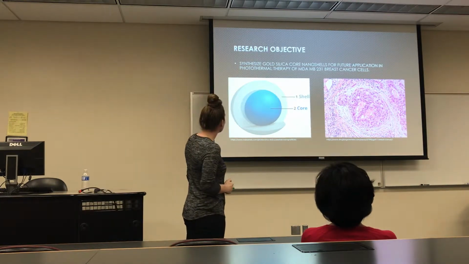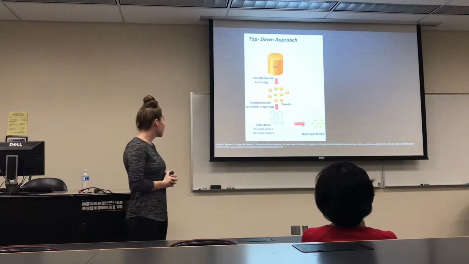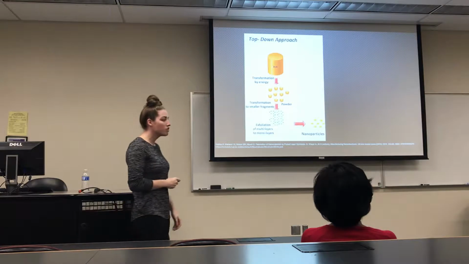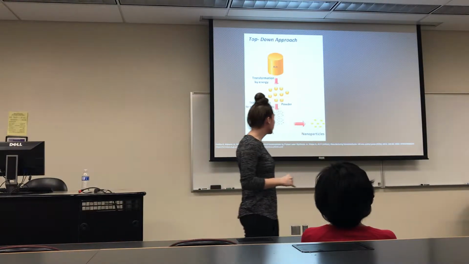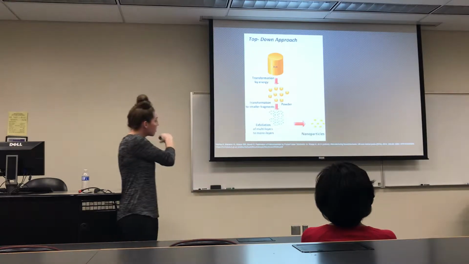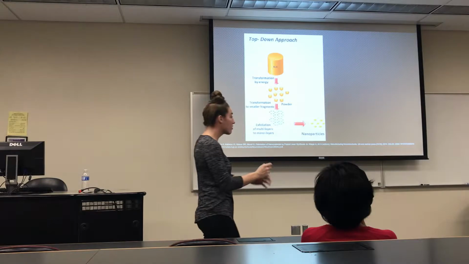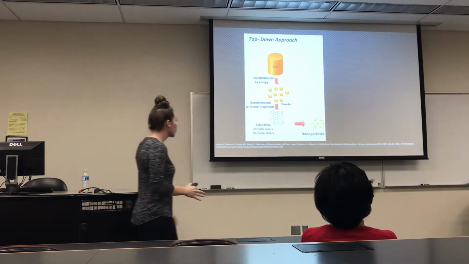So as we move forward, within the synthesis of nanoparticles in general, there's two basic approaches. The first is a top-down approach in which you start from a bulk material and essentially break it down into its individual components through instrumentation, eventually reaching that atomic layer, and then we can take that atomic layer and build it back up into our nanoparticles.